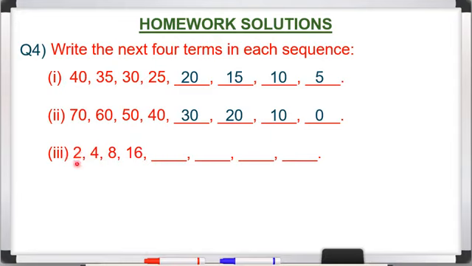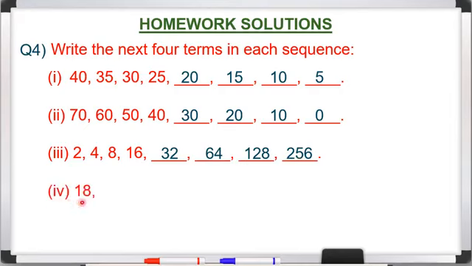See, 2 plus 2, 4, 4 plus 4, 8, 8 plus 8, 16, 16 plus 16, 32, 32 plus 32, 64, 64 plus 64, 128, 128 plus 128 equal to 256. Clear?